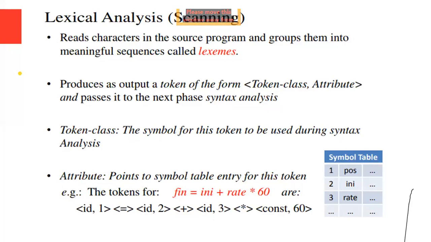And what is the token class? The symbol for this token to be used during the syntax analysis. The symbol that we use in syntax analysis, we use this token class to generate it. And what is the attribute? It points to the symbol table entry. We take these attributes to point to the symbol table entry. So this is the given example, the tokens for this given statement.